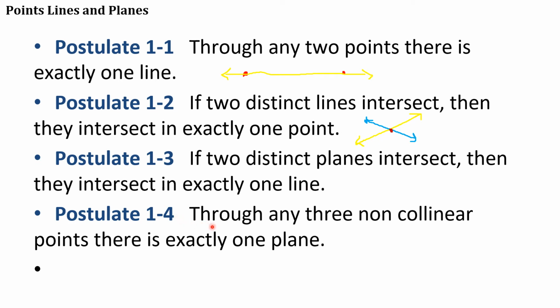In our fourth postulate, it says through any 3 non-collinear points, there is exactly one plane. And what it says is that if I have 3 points and those 3 points are not together, that means that they form a plane. Now you will say, but teacher, why just 3 points and not 4?